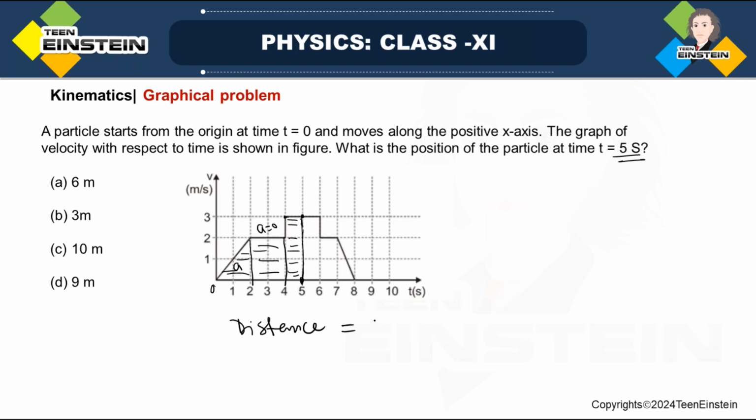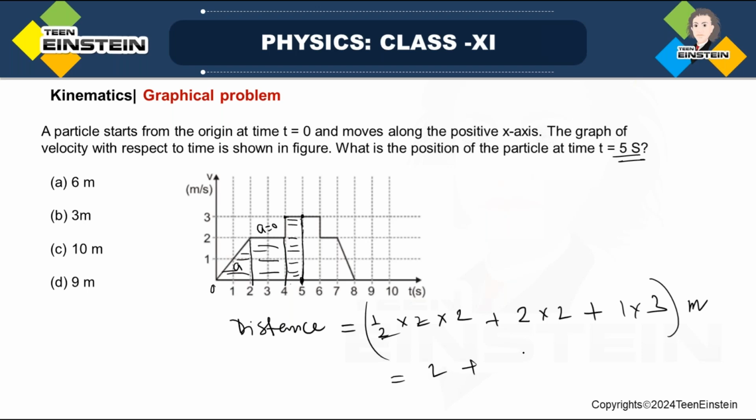So half into 2 into 2, half base and height. Then this much, 2 to 4, has a rectangular shape, so 2 into 2, plus this particular part 1 into 3, and this is in meters.